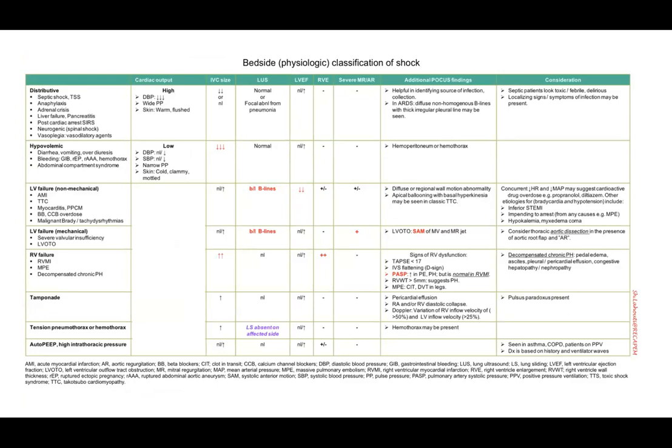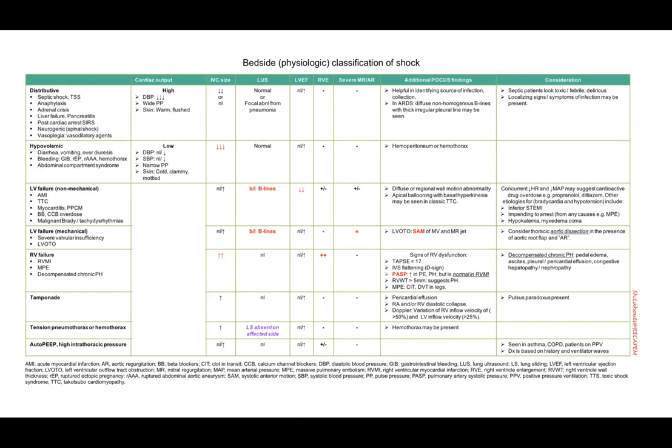And this one single slide identifies all the features of distributive shock, hypovolemic shock, LV failure because of non-mechanical causes, LV failure because of mechanical causes, RV failure, tamponade, tension pneumothorax or hemothorax, auto-PEEP in presence of high intrathoracic pressure, and what the findings would be with regard to the cardiac output, IVC size, left ventricular ejection fraction, etc. So if you look into the lung ultrasound, LVEF, then the right ventricular enlargement, and watch for the additional POCUS findings, then in most cases you will be able to reach the goal and guide the proper management.